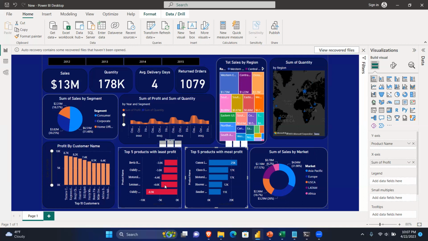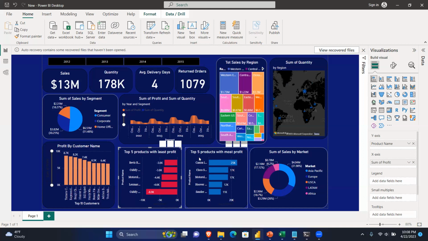And similarly, we have a bar graph here which shows the top 5 products which brought the least profit to the company. So basically, after looking at these two bar charts, a data analyst can provide an insight to the company about which 5 products are bringing the most profit, or which 5 products are bringing negligible or no profit at all.